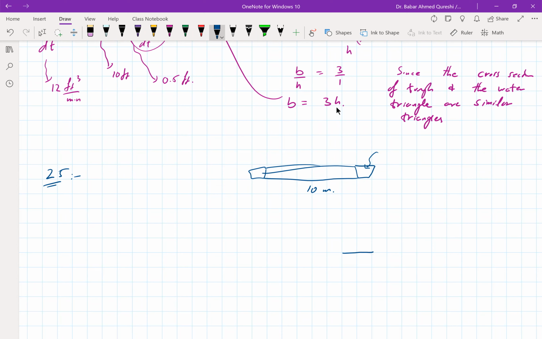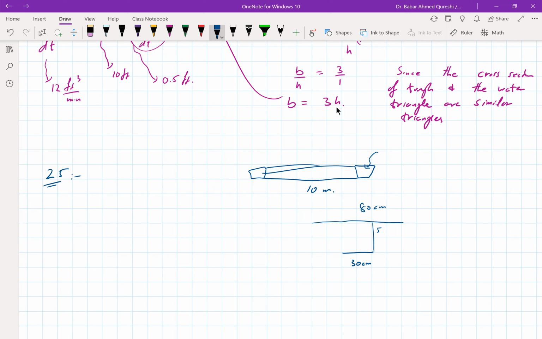It says that it's a trapezoid whose base is 30 centimeter and 80 centimeter at the top, something like that. And has height 50 centimeter.